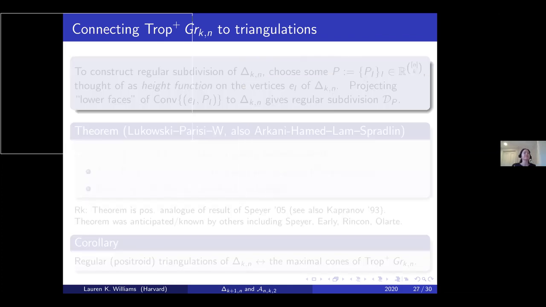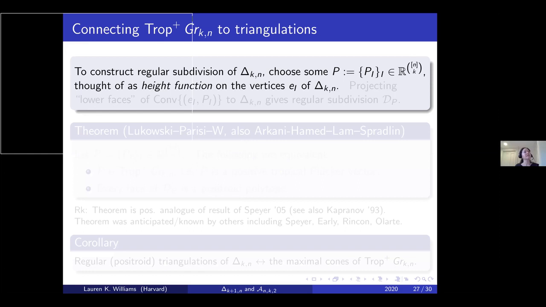Okay, so to construct nice triangulations of the hypersimplex, which in mathematical terms are called regular subdivisions, we choose vectors in R to the n choose k, and we think of our vector as giving a height function on the vertices of the hypersimplex. So remember, the hypersimplex has n choose k vertices, and my hypersimplex is sitting in R to the n. What I will imagine doing is, over every vertex e sub I of the hypersimplex, lifting it up.